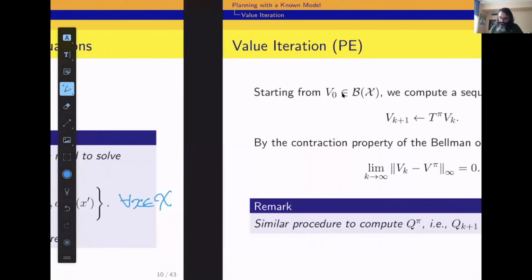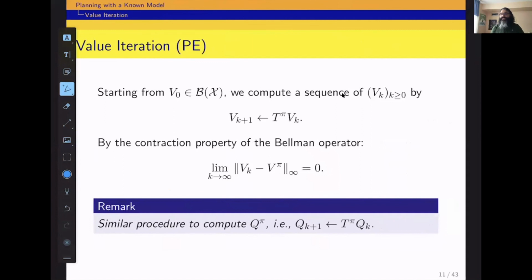Okay, so the first method is called value iteration, and you have actually seen it before. The method works like this. I first present it for the policy evaluation problem. We start from some value function v0. This v0 is an arbitrary function, so it does not necessarily correspond to the value of any policy. I can even choose it to be equal to, say, 0.